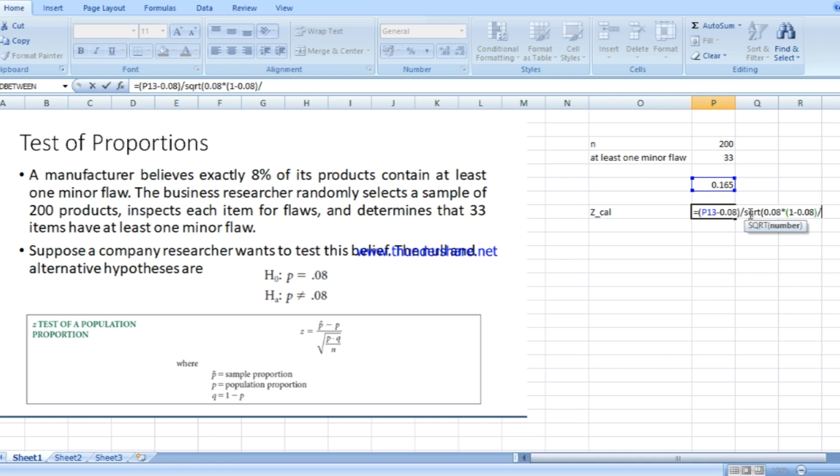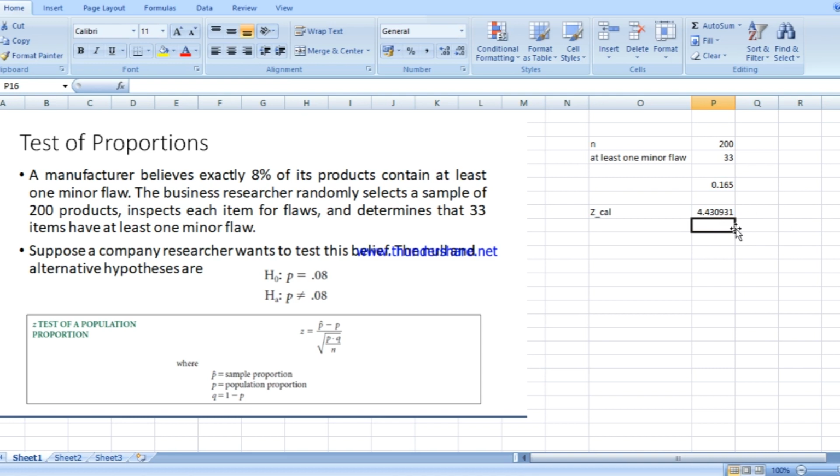N is 200. So we are getting z calculated as 4.43.